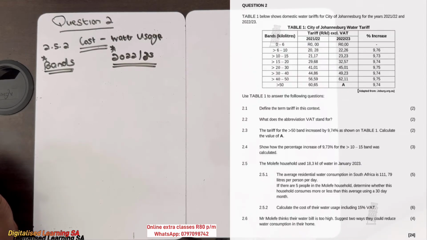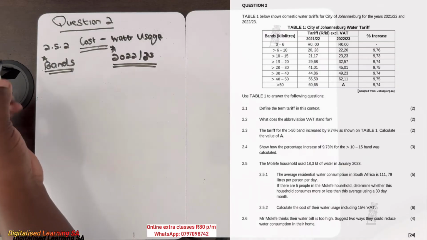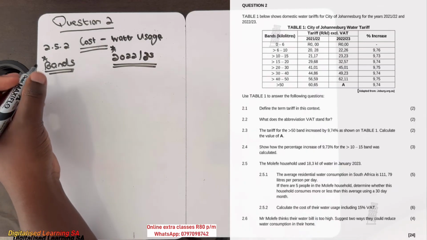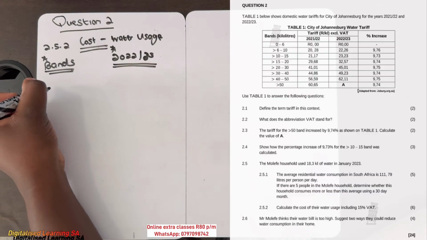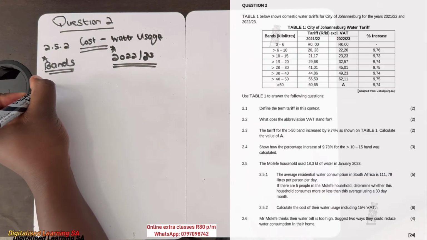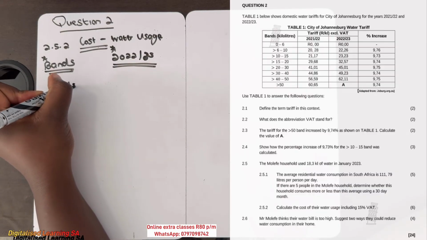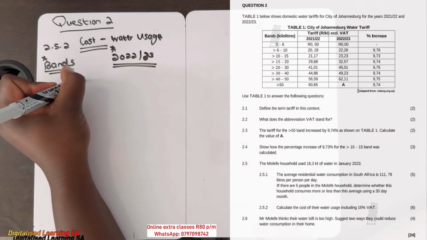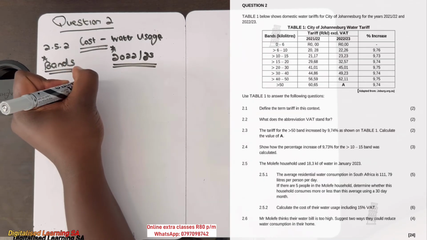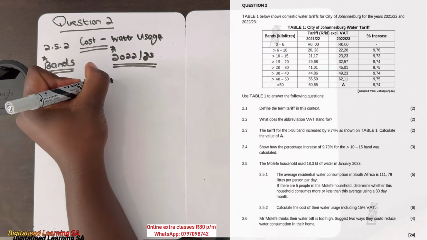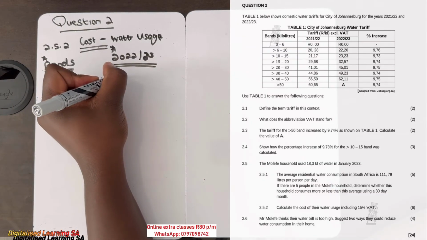We are told that 0 to 6 bends costs nothing, or costs 0.00. So to make it easier for you guys, let's refer to bends as buckets of water in this case, so that you can understand.